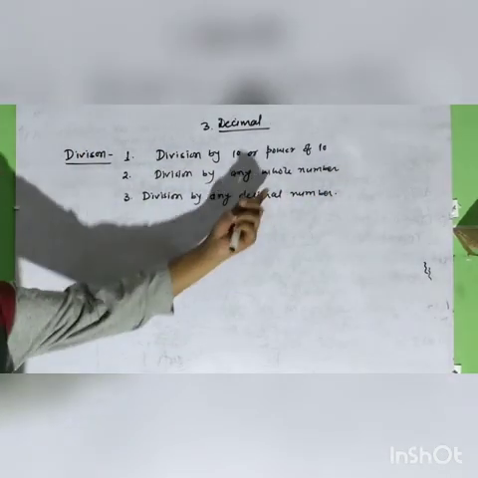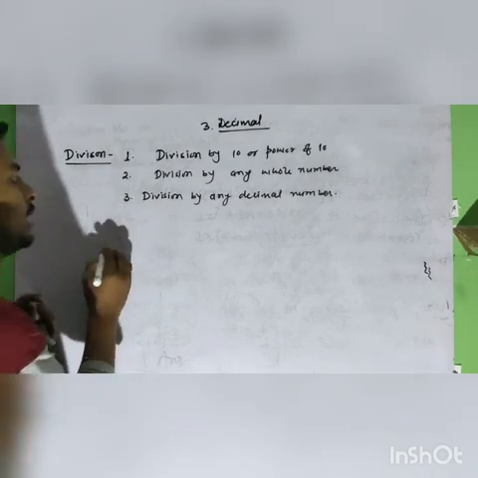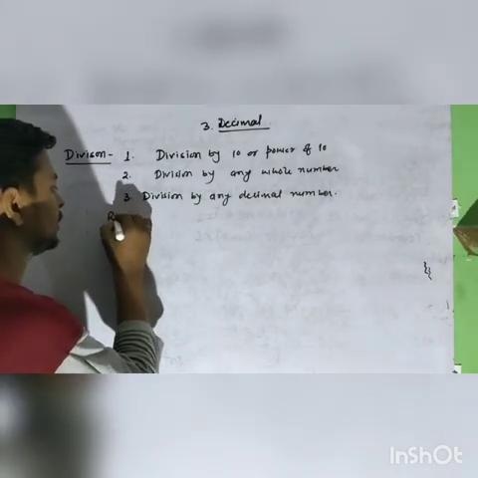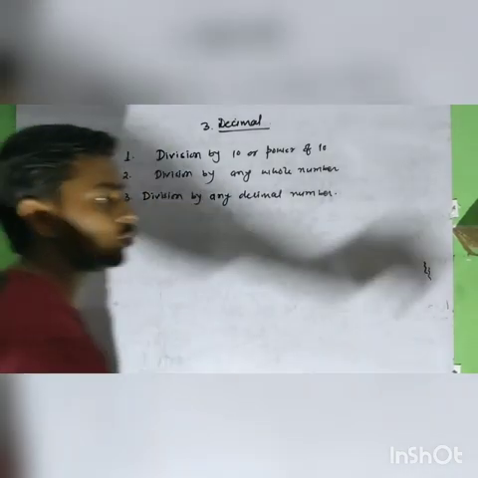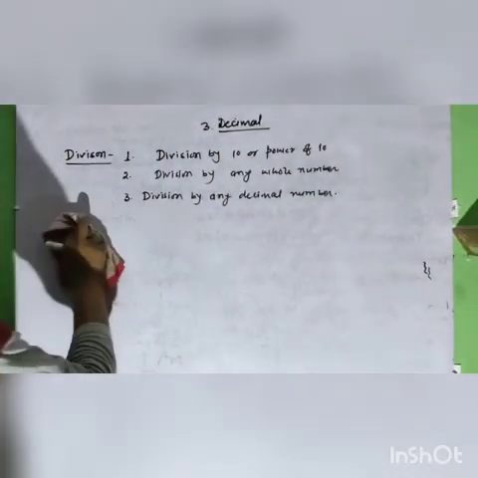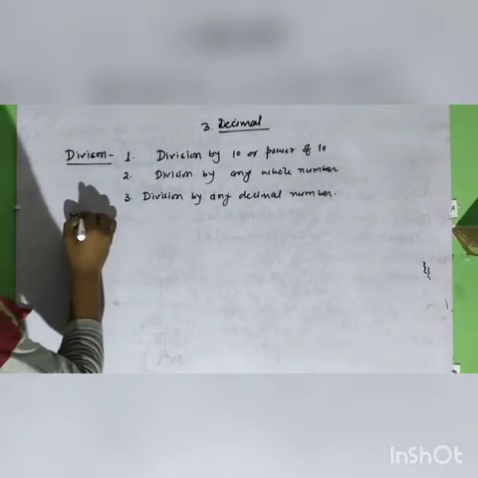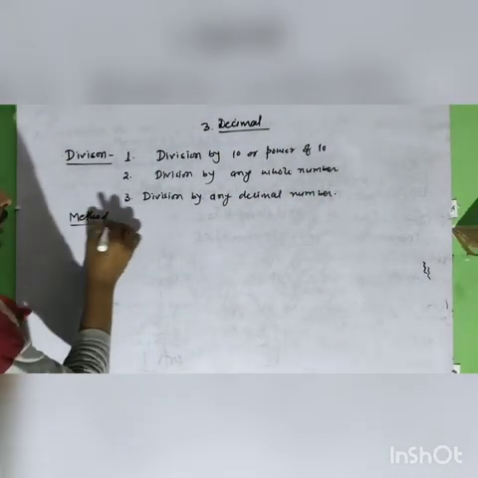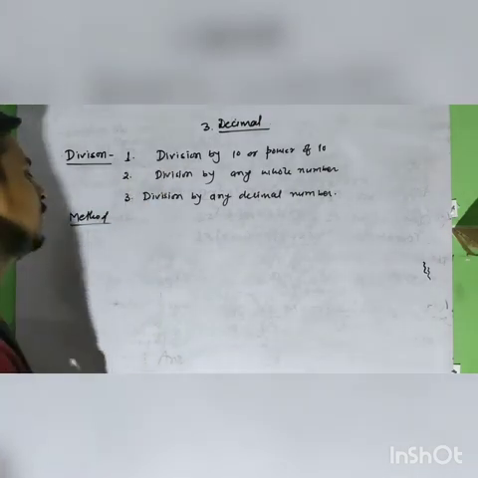To do this, what is the method to divide a decimal number by a decimal number?